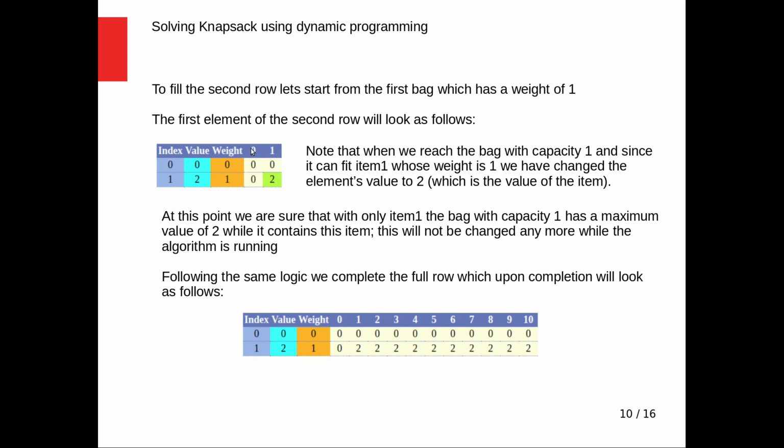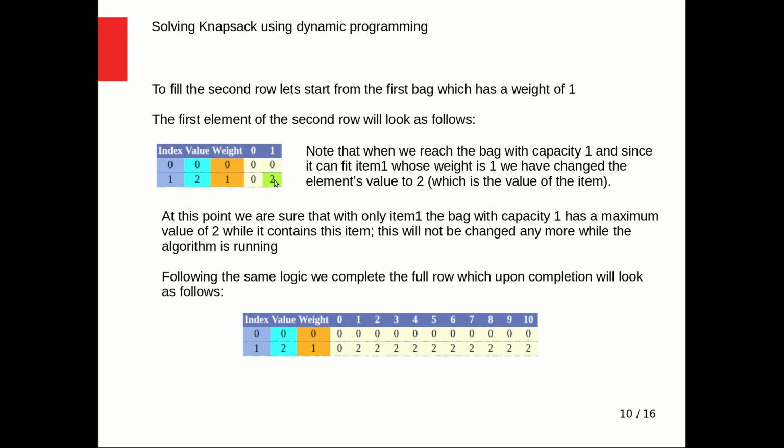If we start from the first bag, the first bag has a maximum capacity of 0. Since the weight for this item is 1, this means that we cannot fit this item in the bag. So we keep the value unchanged, and the value of this bag remains as it was before, 0.